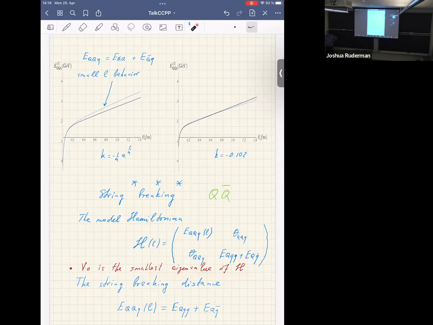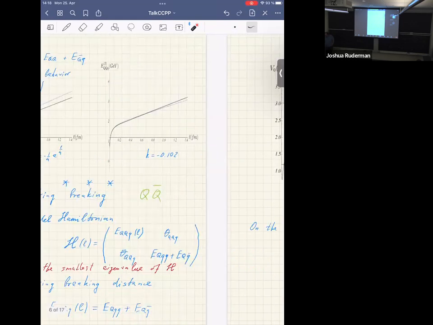And the important point, it's easy to solve a quadratic equation to find it explicitly. One can introduce an important scale, the string breaking scale, just by equating the diagonal terms. So it looks like this one. The first, of course, depends on the quark separation, and the second is constant.